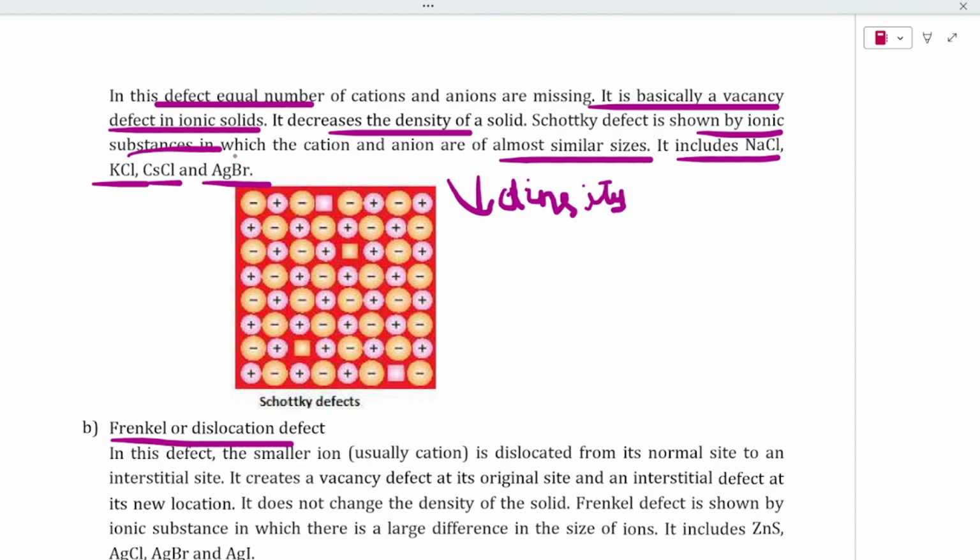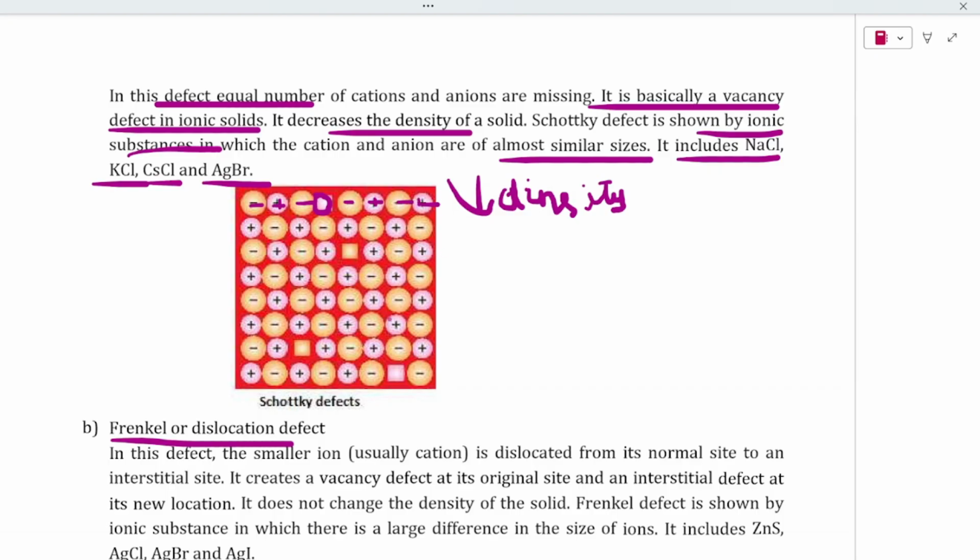Next, if you see the image, here you are having negative, plus, negative, and here is some left space, then minus, plus, minus, plus.